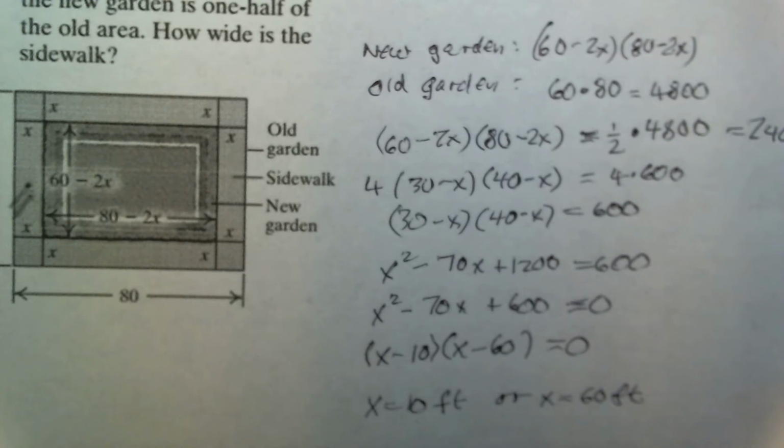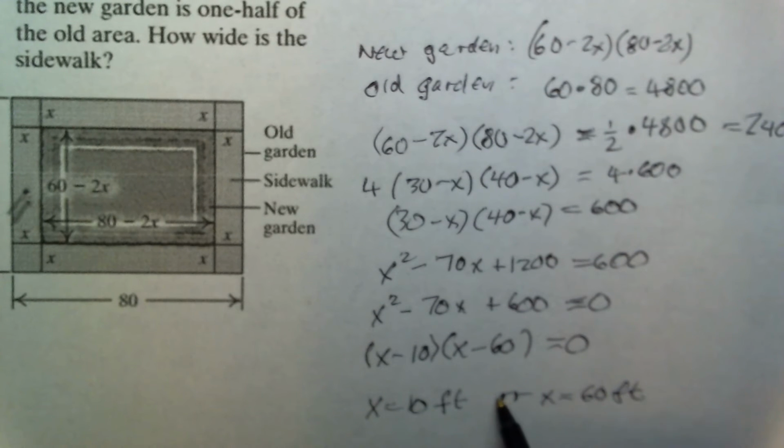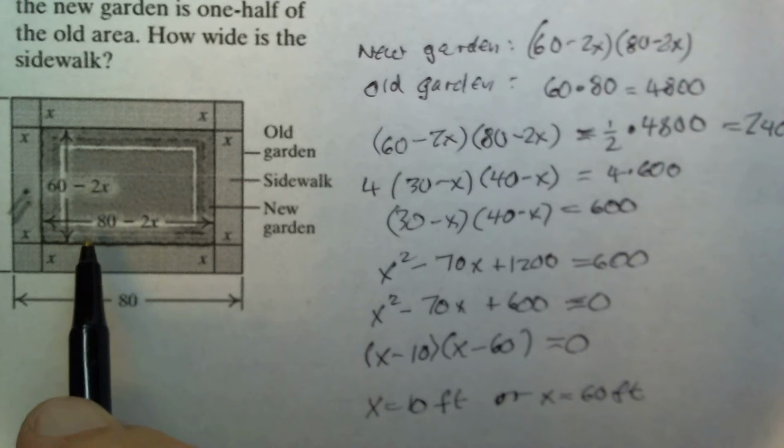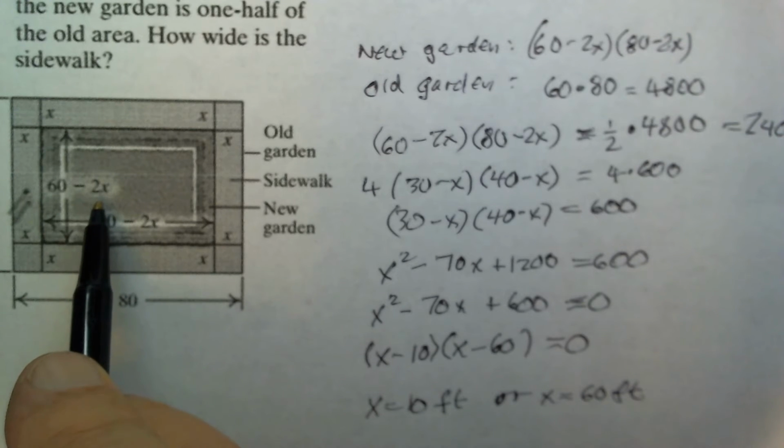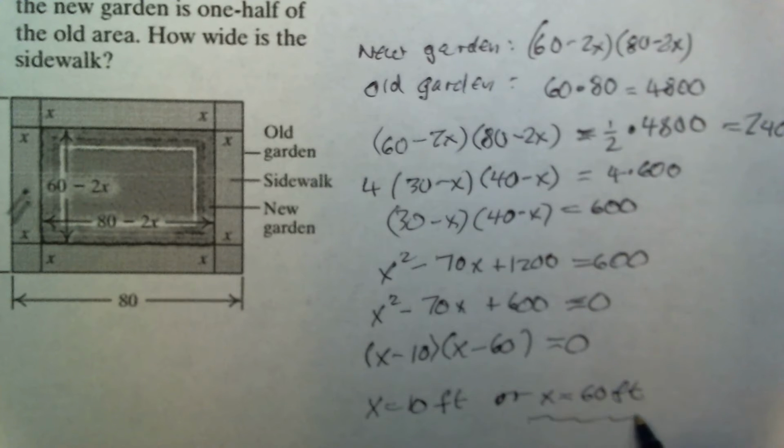So here we have two solutions, and so we need to evaluate and see which one makes sense, or maybe both make sense. So when we look at the width of 60 feet, and we're supposed to subtract 60 minus 2x, or minus 120 feet, so in other words, that solution does not apply.